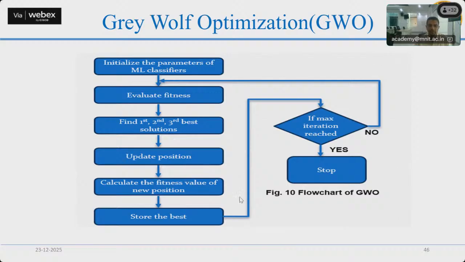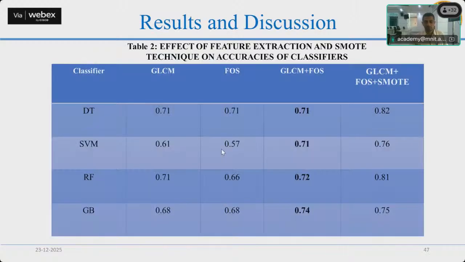So overall, you can see here how nature-inspired algorithms are part of our image processing applications. This is the result and discussion, the effect of feature extraction on accuracy. What did we observe?